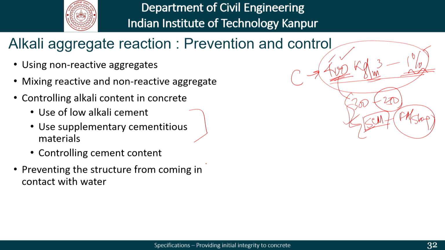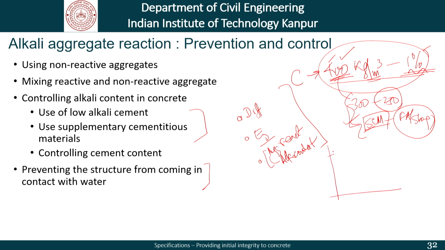With this we come to an end of our discussion today, where through examples of measurement of diffusivity, measurement of the dynamic modulus of elasticity, and our discussion on aggregate reactivity, along with our discussion on the alkali content in cement, we have tried to give you an insight into how we try to get the initial integrity of a concrete.